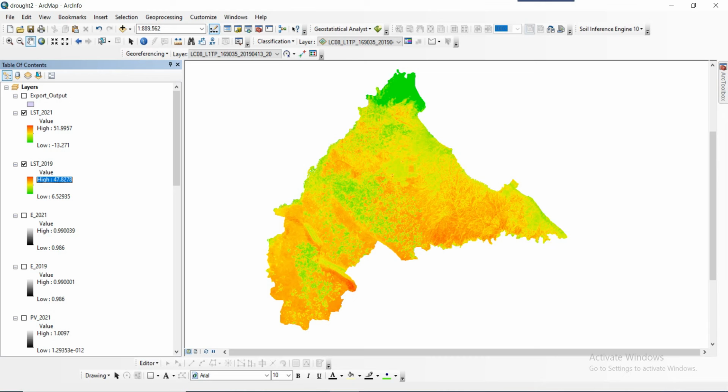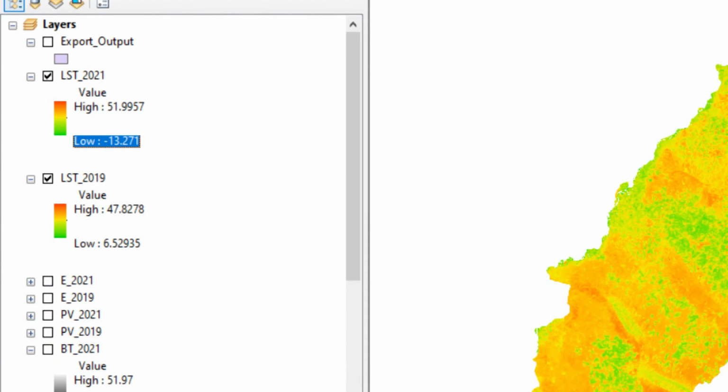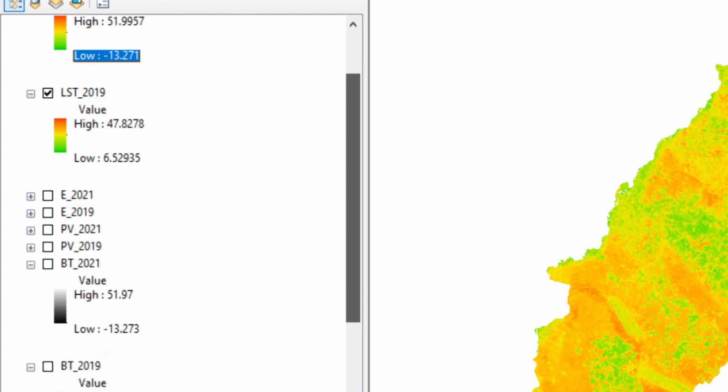If you notice the variation between the brightness temperature and the LST itself is very low.